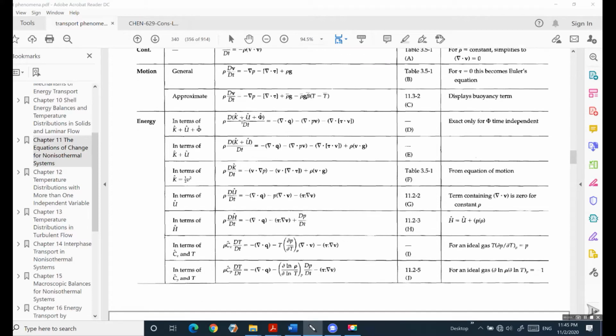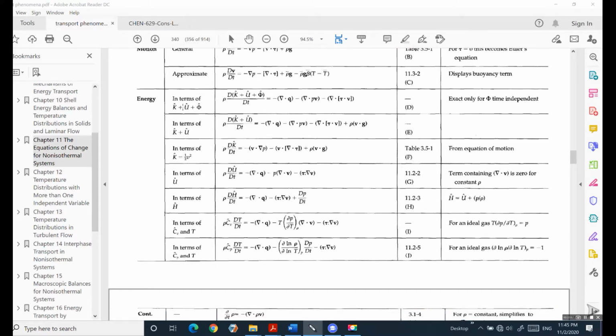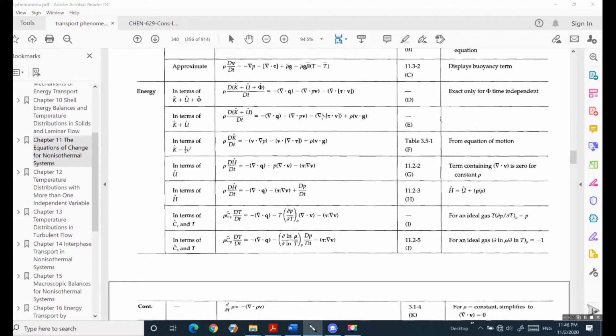Okay, the energy form in terms of kinetic energy, internal energy, and potential energy, we can write in this form. In terms of kinetic and internal energy, then we will have another term here, an external term. Okay, sorry, not the pressure, the external term.